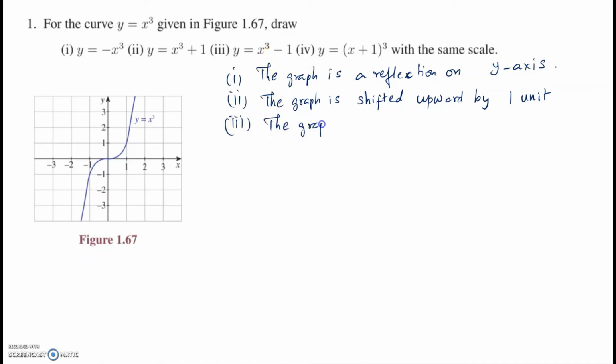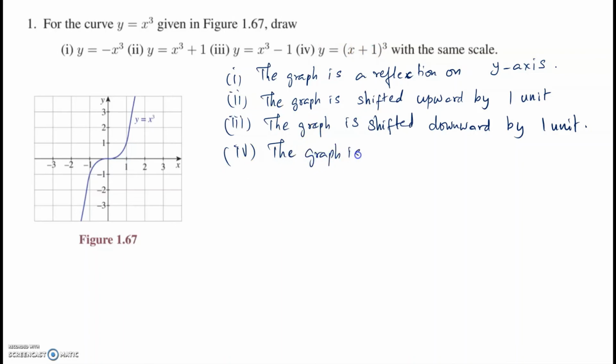The graph is shifted downward by 1 unit. Then in the last case, because it is f of x plus 1, so the graph was shifted to the left. So the graph is shifted to the left by 1 unit.